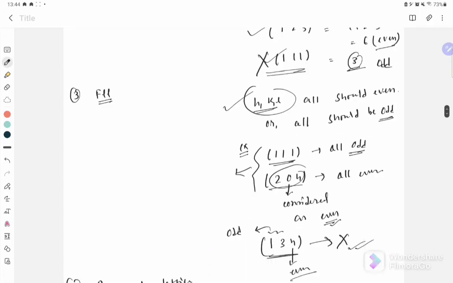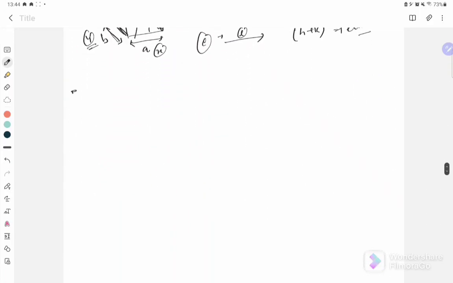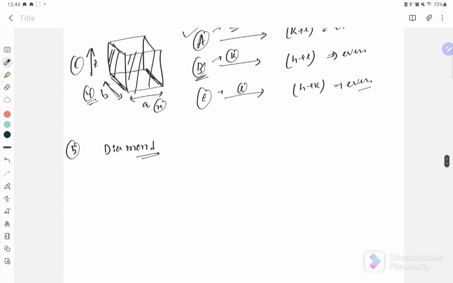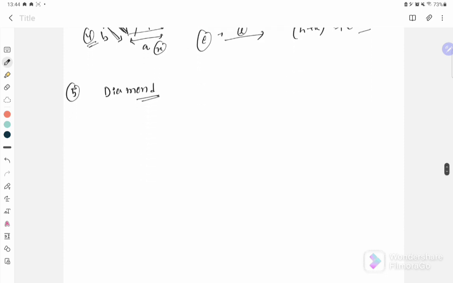And our last one is the diamond like structure. In my first video I told what is the structure of a diamond like structure, what is the structure of diamond lattice.